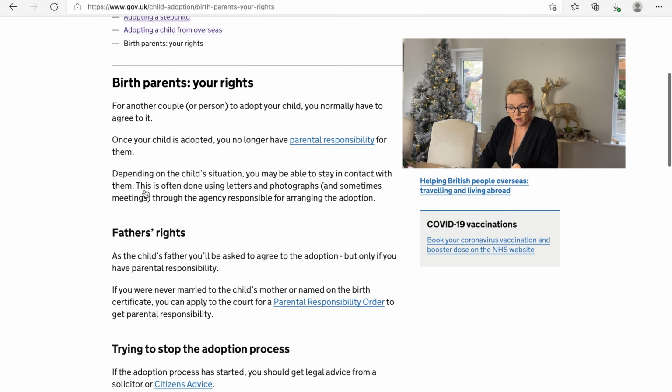So in the example I gave a second ago, where the biological mother and stepfather were looking to adopt, if the biological father with parental responsibility was looking to stop that adoption process, the government website is really good on how you actually do that and what you need to do. It also talks about adoption without your consent.